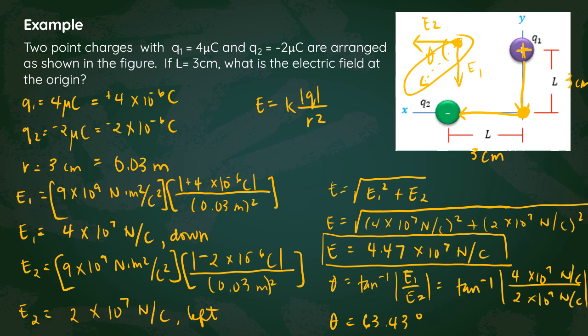And again, if we look at this one, since this is west and this is south, going down and going to the left, we can label the direction as south of west.